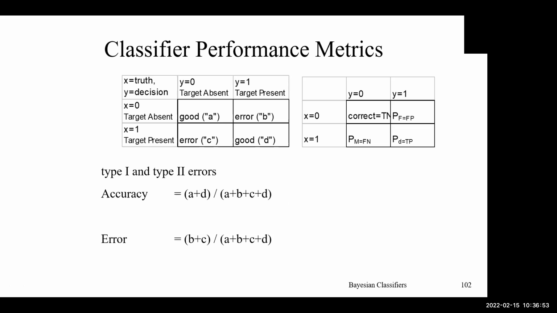And then the error is 1 minus that, or those two off diagonal ones, B and C, divided by all the numbers. Pretty basic. But again, accuracy is not everything, because sometimes it matters what type of error you're making. That's why we talk about type 1 and type 2 errors.